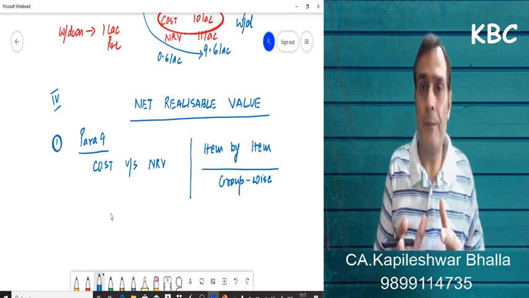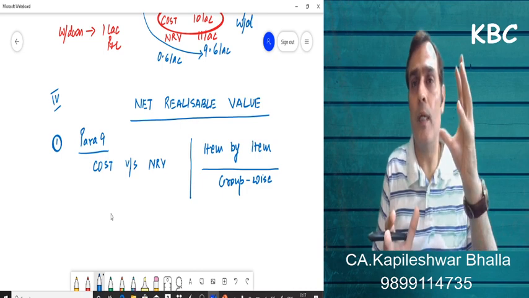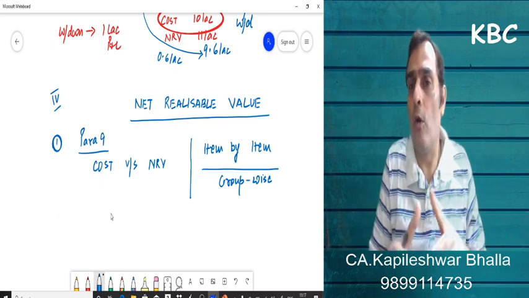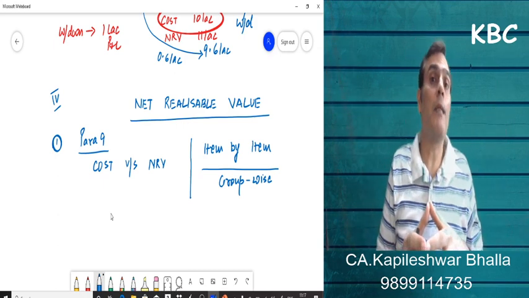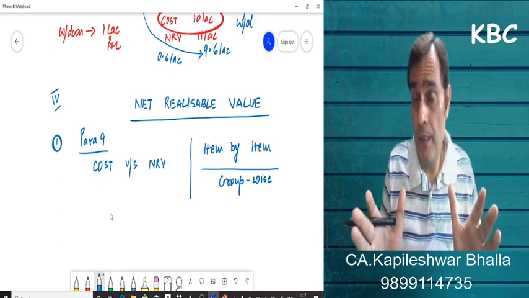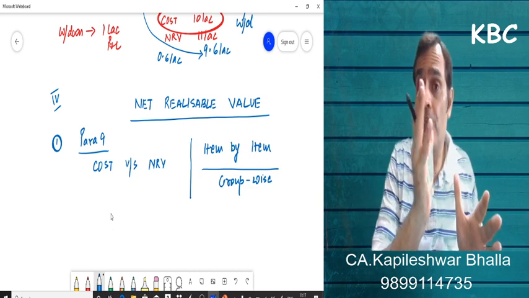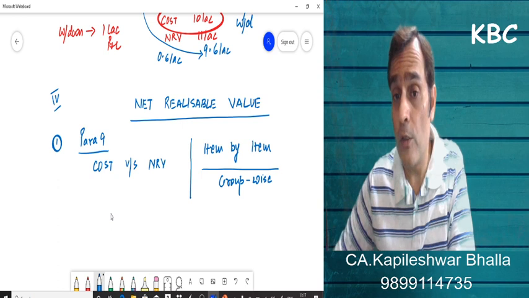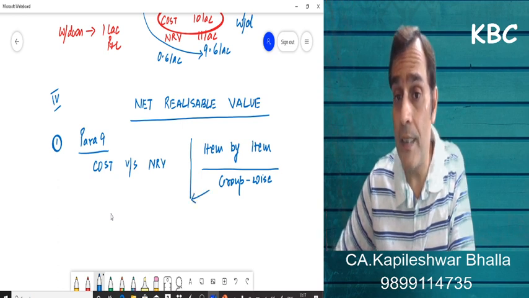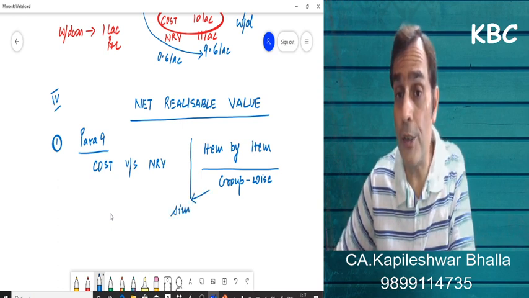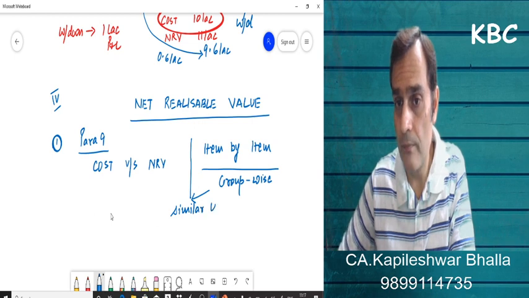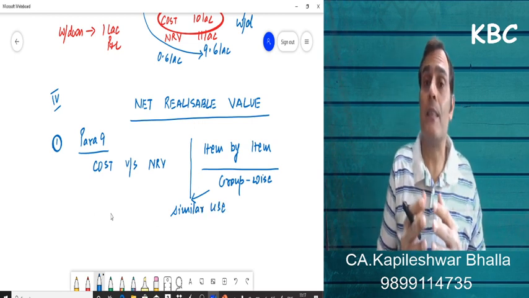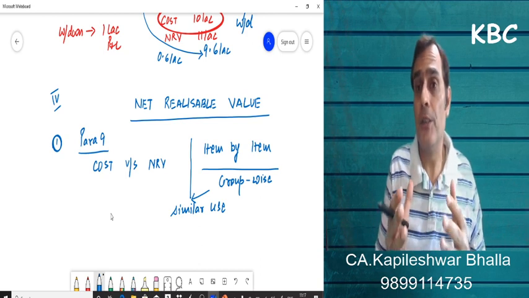Well, remember one thing. You cannot say that WIP is one group, FG is another group, so let me club all the FG and let me club all the WIP. We cannot do that. You cannot create groups on the basis of WIP and FG. Grouping can be done only on the basis that they've got a similar nature and a similar use.